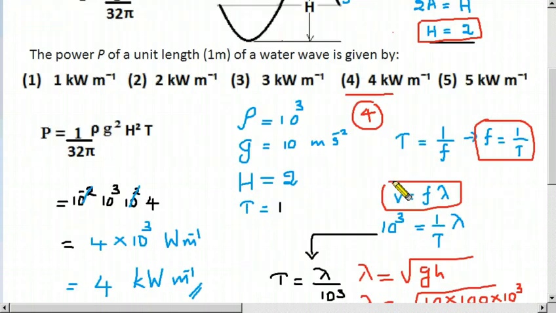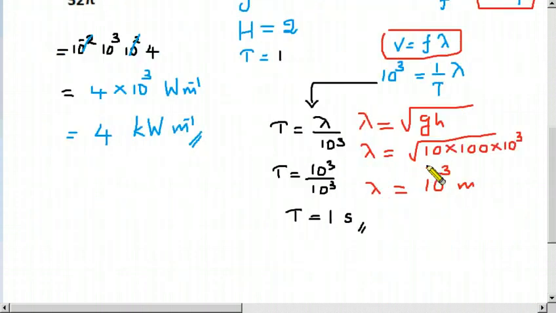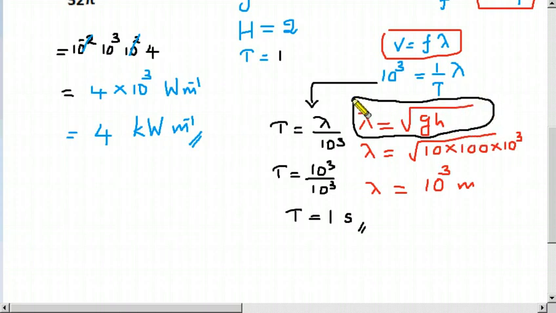So these other things we already know. This equation, several times they have asked questions to solve by using this equation. This equation we learn in the classroom when we learn about the ripple tank.